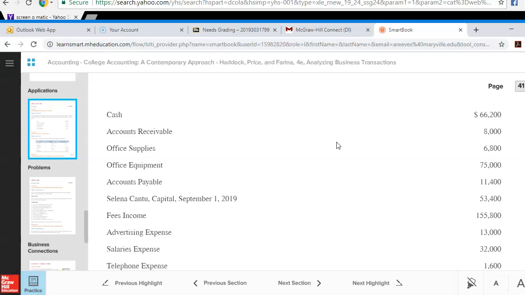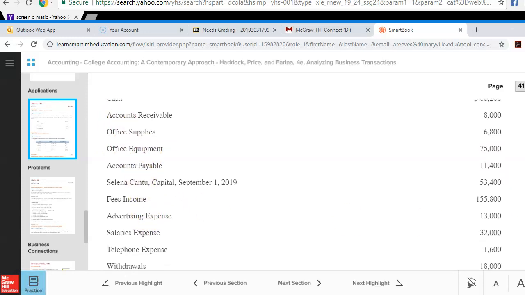Because we're talking about the income statement, it only focuses on revenue accounts and expense accounts. So as I look at this list of account titles, you want to ask yourself which of these represent revenue accounts and which are going to be expense accounts.